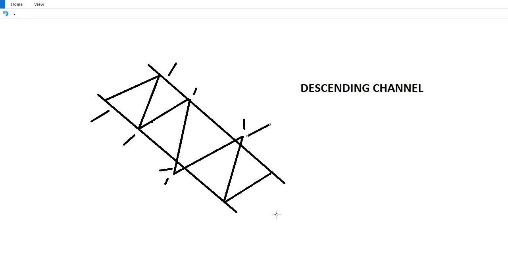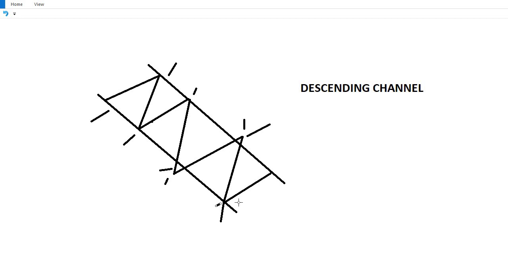So how do we know that the channel is about to break to the upside? It is at this point, touching the lower trend line of the descending channel, and the market forms a powerful bullish candlestick. What is a powerful bullish candlestick? Either a pin bar or a bullish engulfing candlestick.